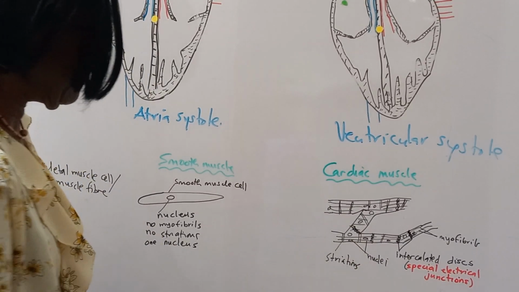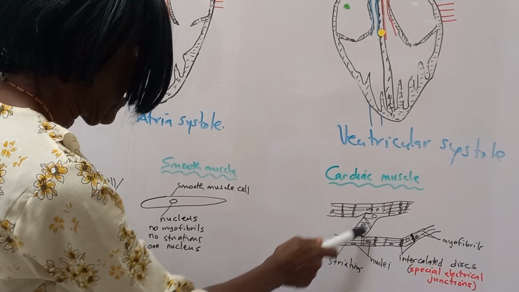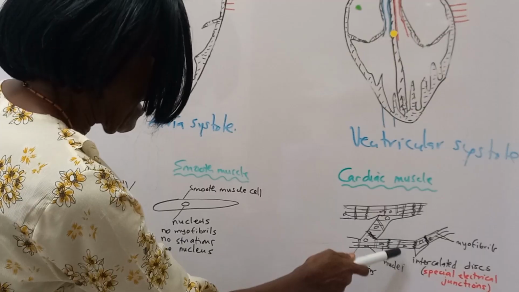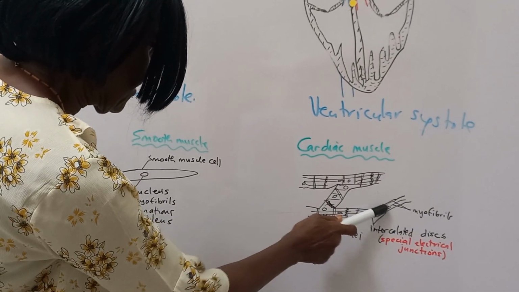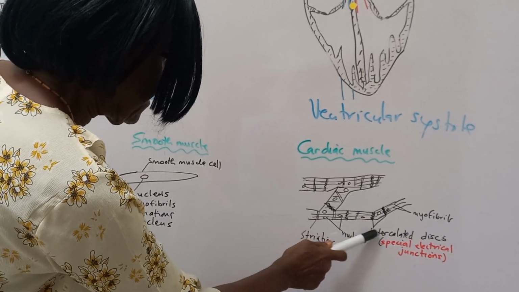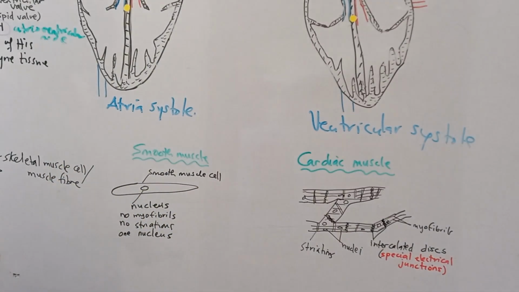This is cardiac muscle. It has striations, multiple nuclei, a lot of nuclei, and then it has intercalated discs. There's one here, one here, one here. And these intercalated discs are special electrical junctions in cardiac muscle.